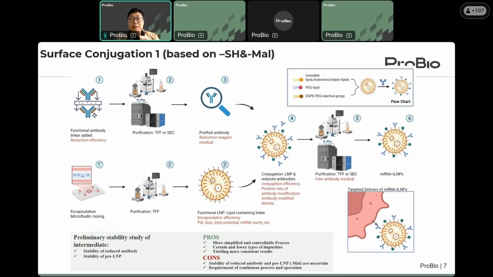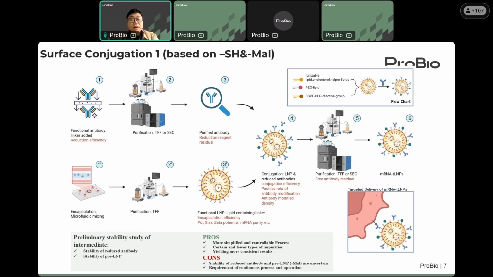This maleimide is an activated site on the surface of the mRNA-LNP, and it can conjugate to the reduced antibody through a chemical reaction. This is very simple and very robust. After that, you just do purification to remove the free antibody and other impurities, and you get your final product, mRNA-tLNP.